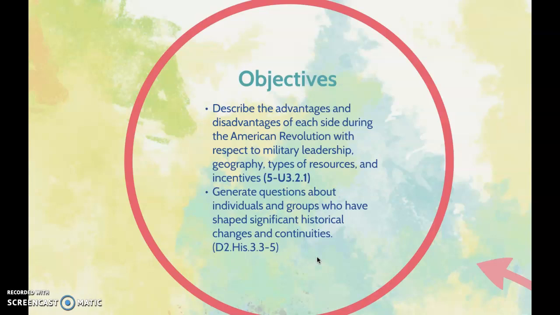in my unit, there's a couple lessons, and also in the assessments, where I'm asking my students to describe the advantages and disadvantages in a specific part of the American Revolution, whether it be the military, or the advantages and disadvantages towards the women or the leaders, the type of weapons, and resources that both sides have used.